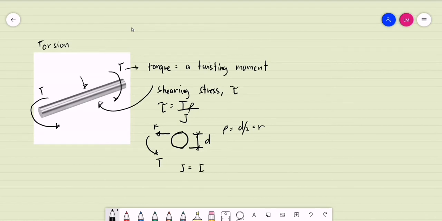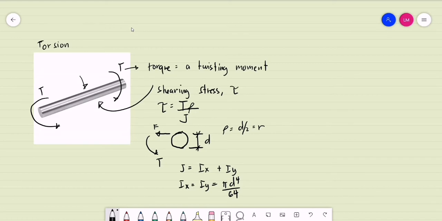That is the moment of inertia with respect to x plus the moment of inertia with respect to y. But for a circular section, the moment of inertia with respect to x is simply equal to the moment of inertia with respect to y. That is for a circular section, and that is equal to pi, the diameter raised to 4, divided by 64.